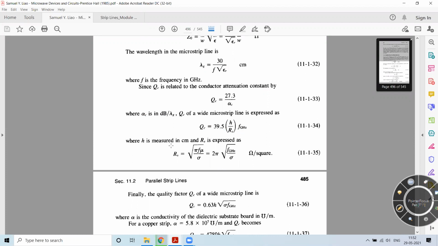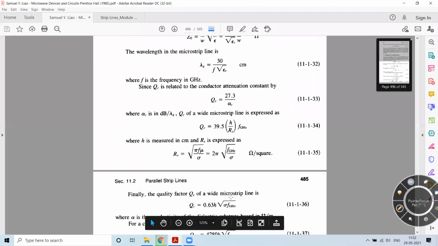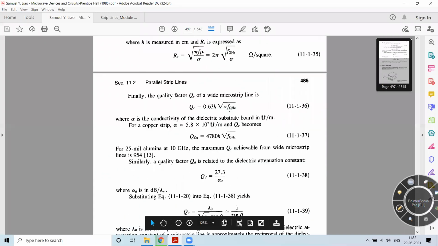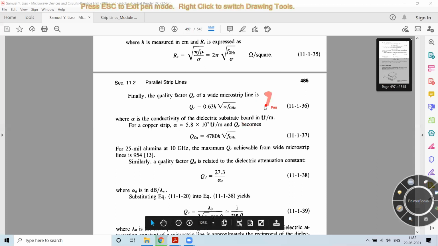Then when we make the substitution for RS, on simplifying, the quality factor turns out to be 0.63 times H into square root of sigma into F. And the frequency you're specifying is in gigahertz. For example, if the frequency is 2 gigahertz, I'll just use the value of 2.